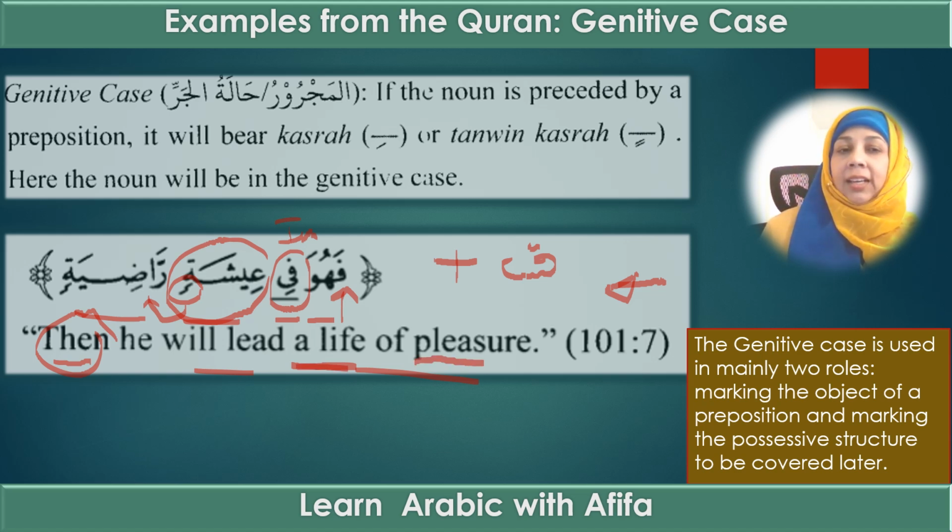Radiyatin is the adjective and it's describing the life. And adjectives, as we will see in future lessons, match the vowel sign of the noun that they are describing. So that's why it also has a kasra, as we shall see in future lessons. Radiyatin. So that's why it's also got a tanween kasra at the end of it.